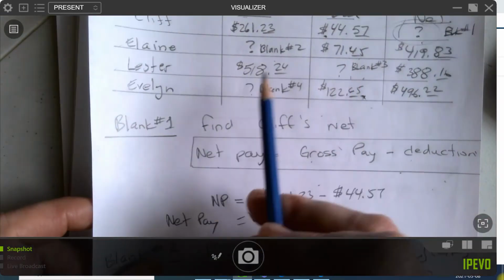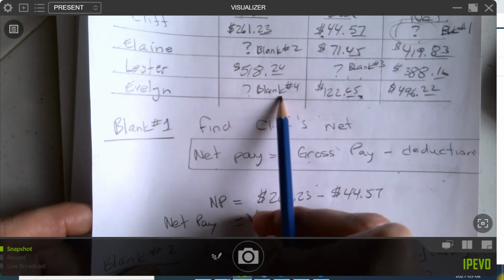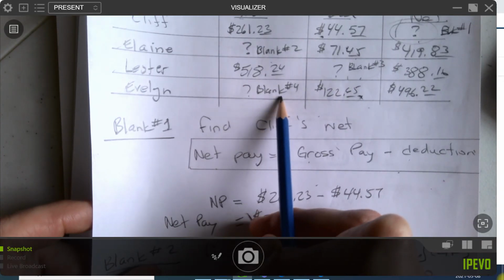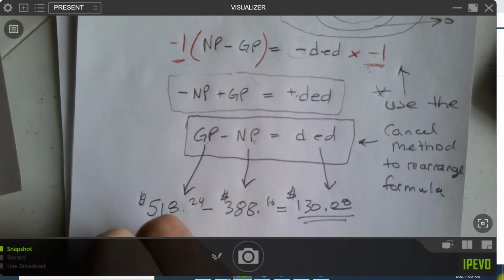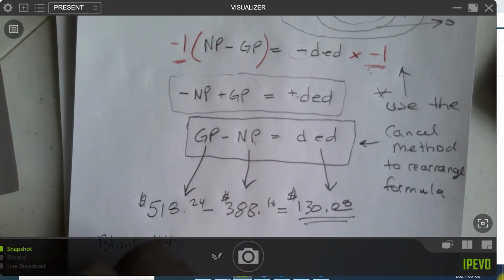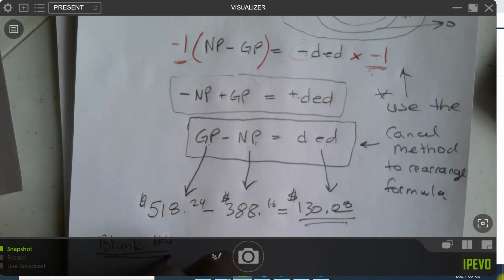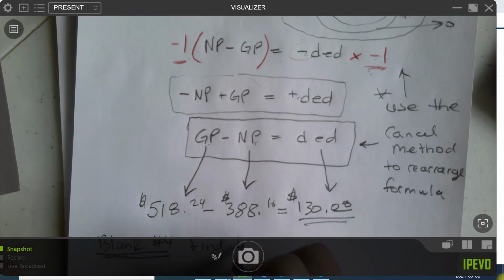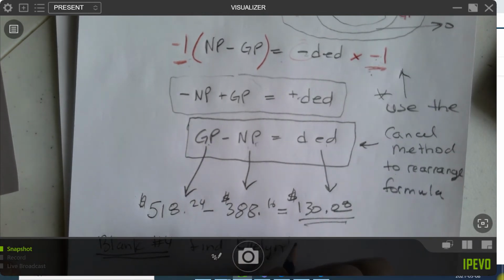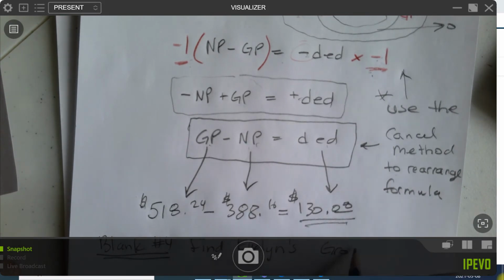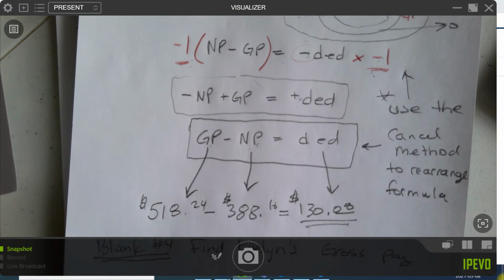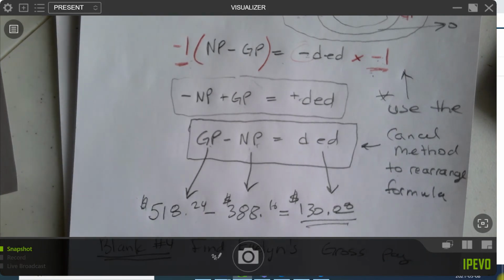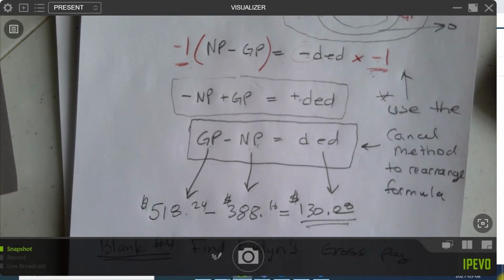So now we have to do blank number 4, which is Evelyn's gross pay. So we have to find Evelyn's gross pay. And our original formula is net pay is equal to gross pay minus deductions.